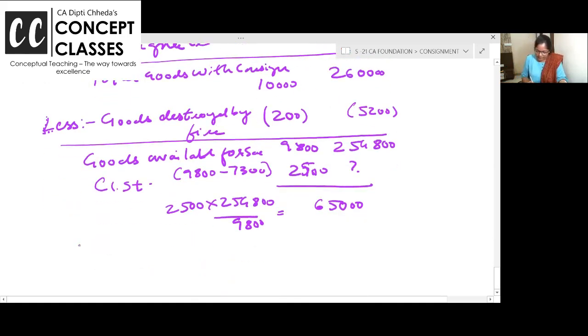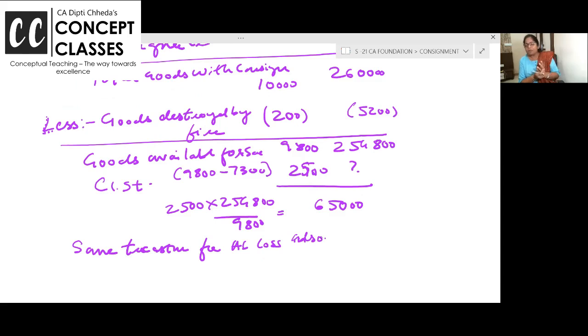Can we write one line? Same treatment for abnormal loss also. अगर abnormal loss consignee के लिए भी abnormal loss ही है. Goods lost by fire is abnormal loss. But if they give abnormal loss in consignee's godown wordings, exactly same treatment. Super clear?